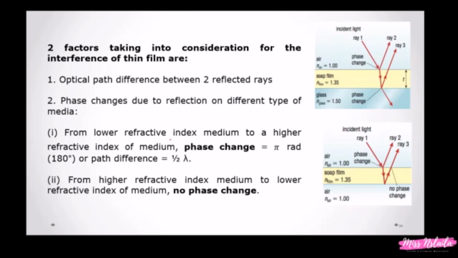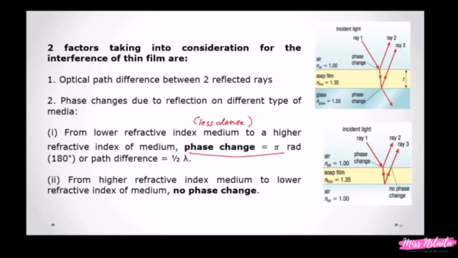If the reflected ray is from a lower refractive index medium, or less dense medium, to a higher refractive index medium, a phase change will occur, which is equal to pi radians or 180 degrees, or we can say that the path difference is half of the wavelength.